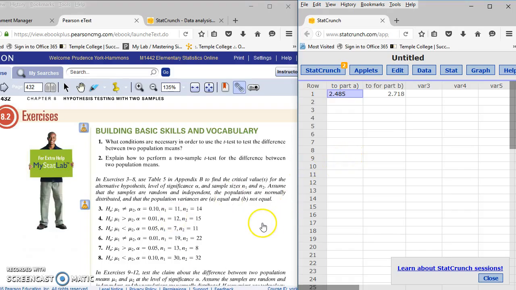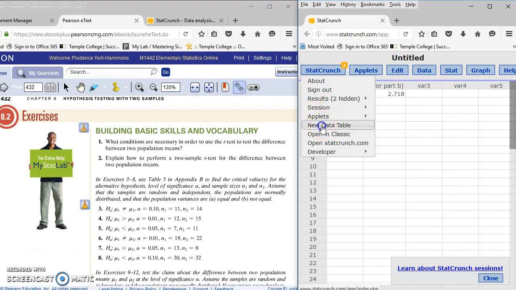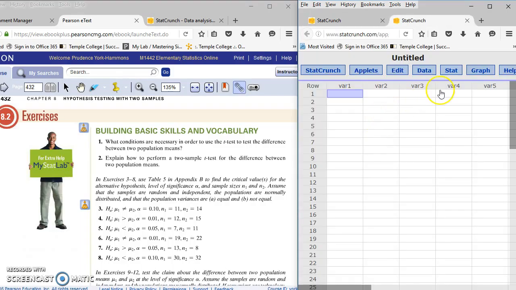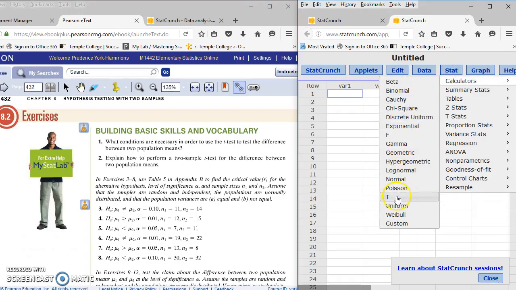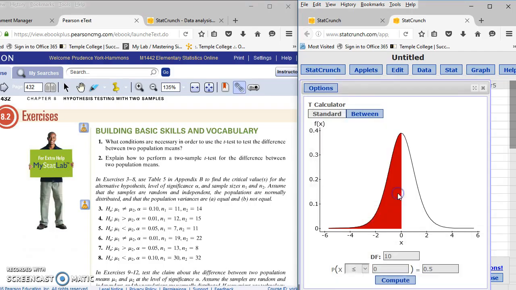So let's go ahead and look at another question. The not equal is the one that causes us a little bit of difficulty in StatCrunch because of the way we have to use the calculator. So for number 6, we're doing mu1 not equal to mu2. So you still go back, let me open a new data table. You're still doing a T calculator, so we go Stat, Calculator, T, you use the calculators to find your critical values that they're calling T sub 0.